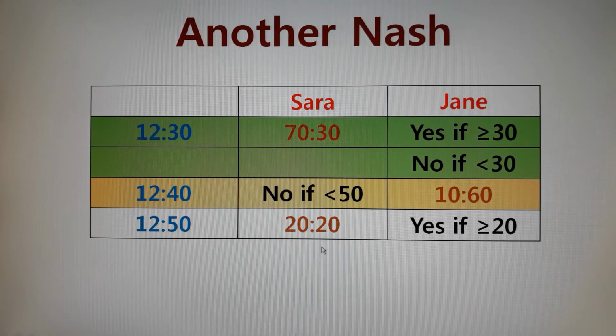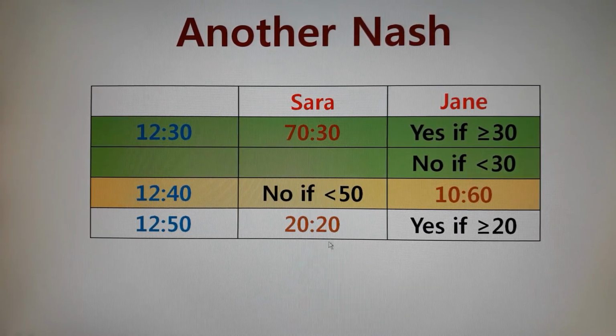And next, Sarah offers 20-20. Jane would say yes. So what is happening in this non-equilibrium path? It wouldn't be reached, but Jane offers this, no, and 20-20, yes.